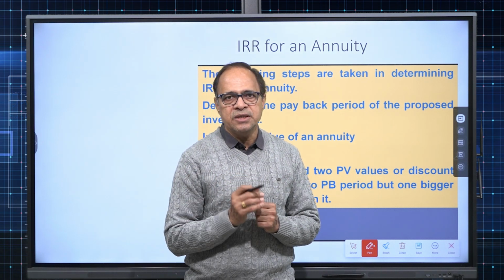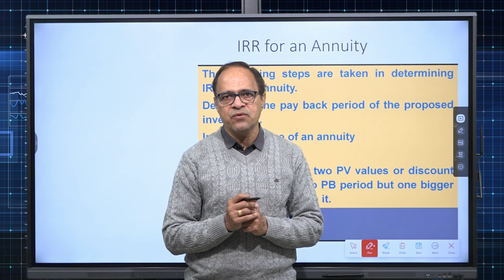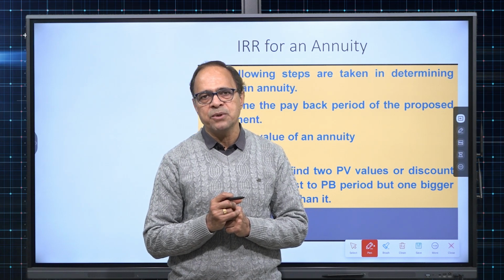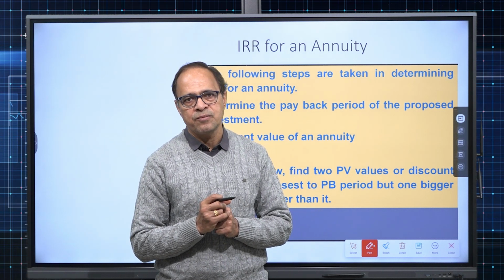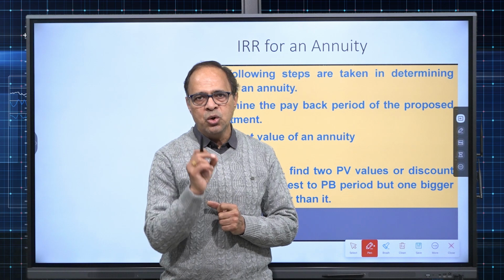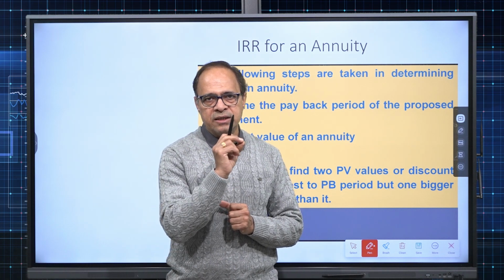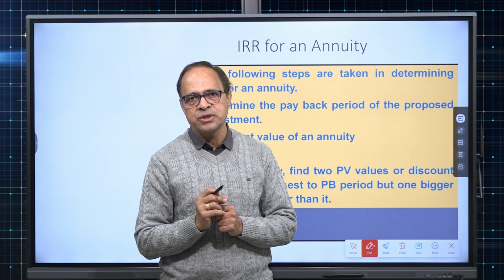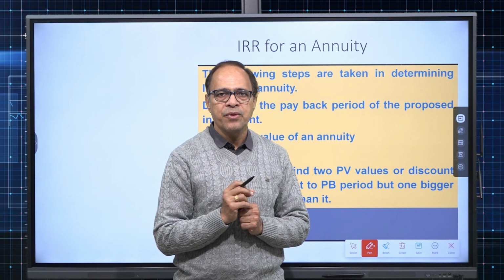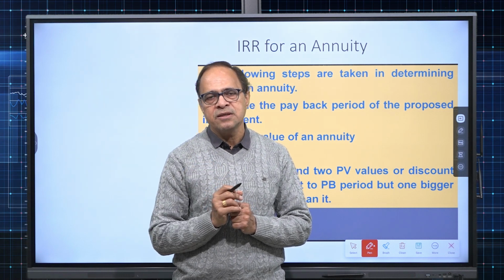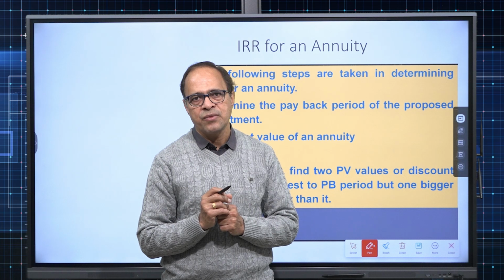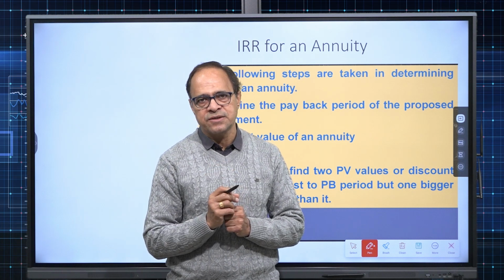Now, what to do with this payback period? Take out the present value interest factor for an annuity table, the table of present value of an annuity, and look for that factor in the table exactly in the row of life of the project. For example, your payback period is 3.2 years and life of the project is 10 years.